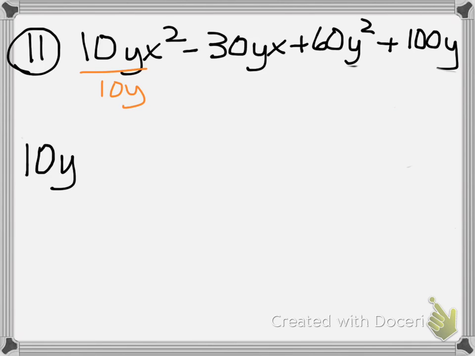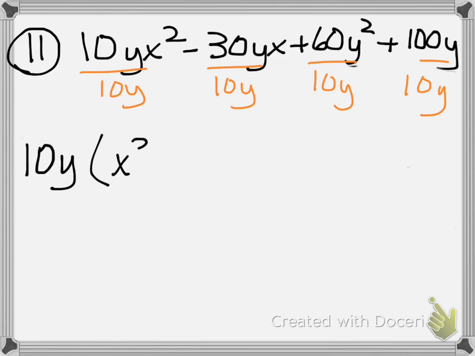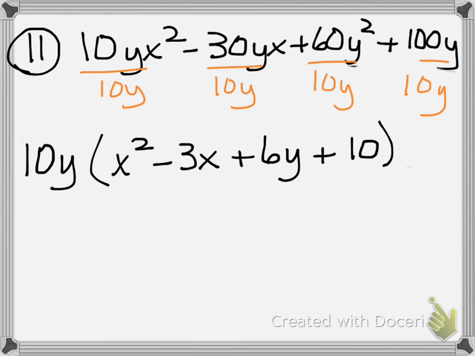So each part is just getting divided by 10y. That leaves us with x squared minus 3x plus 6y plus 10. And that last one doesn't have a y at all, doesn't have any variable.